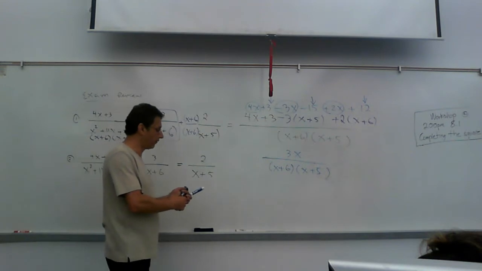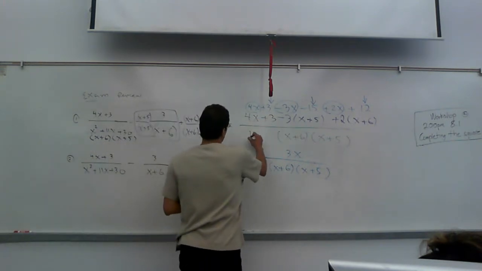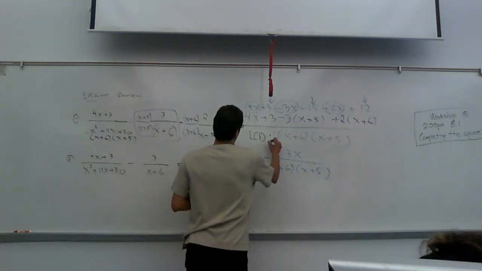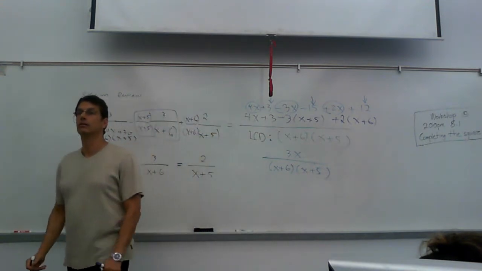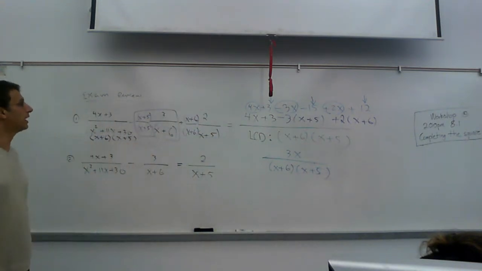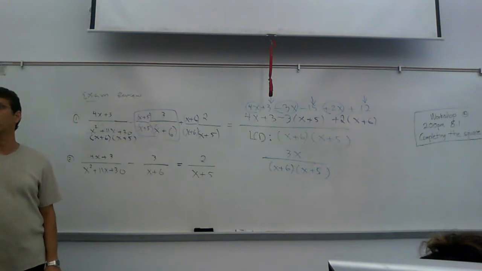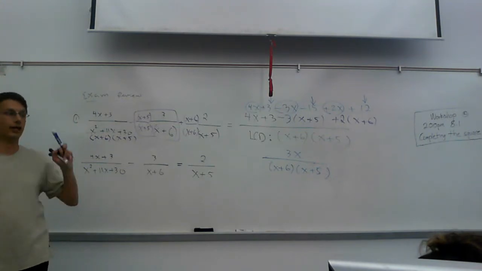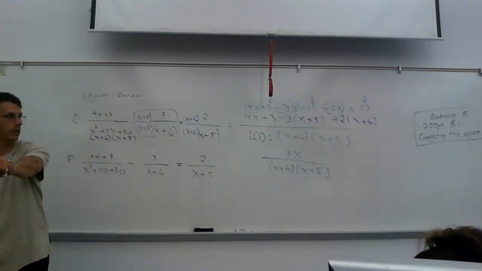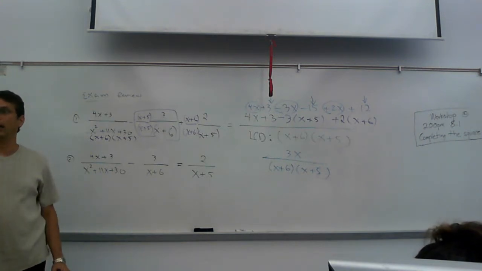So what you're looking for now, what is the LCD? Now the LCD is simply x plus 6 times x plus 5. So after you factor every denominator, now you look at the LCD. What is my LCD?